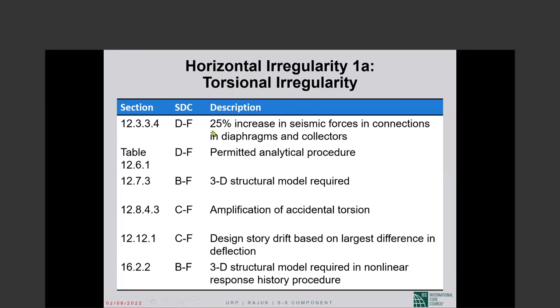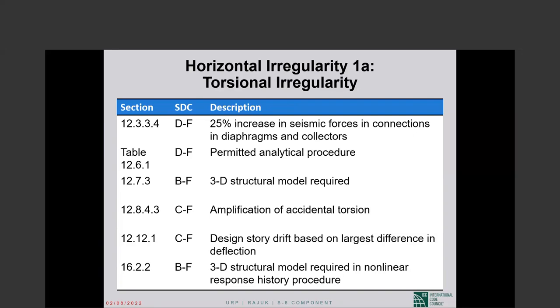Now here comes the long paragraph in BNBC. Before, when we were discussing collectors having to be designed for load combinations using the overstrength factor, there was a paragraph that I said will come up later, and this is now that later.